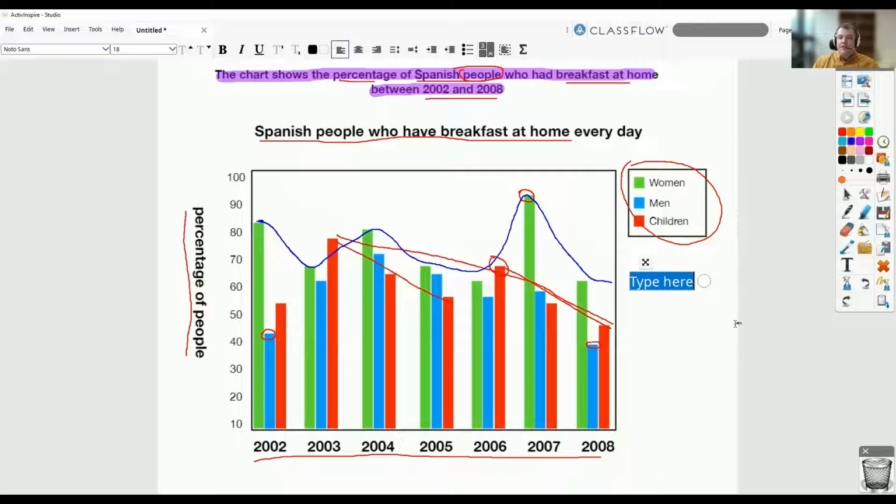Okay, so let's make a note of the key points to mention. So what did I say? I said, so 2007 was the highest women having breakfast at home. Overall, women, numbers of women, sorry, my spelling's not very good. Oops. Fluctuate.